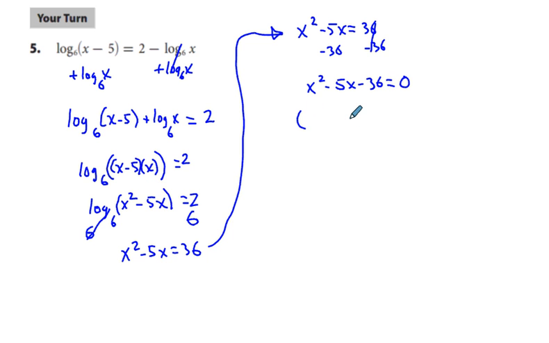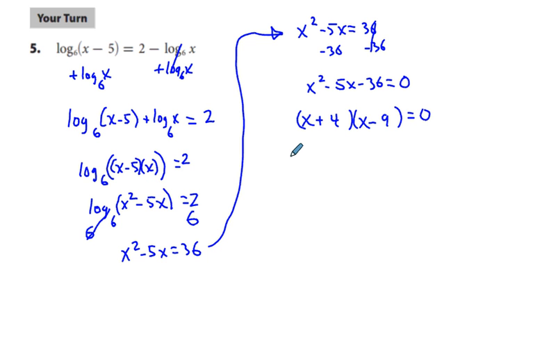And so what two numbers do we have that when added together equal negative 5, but when multiplied together equal negative 36? I'm thinking 4 and 9 have to be involved. So we have 4 and 9. Now which one's going to be positive or negative? We got negative 5x, so we have to have x minus 9 and x plus 4.